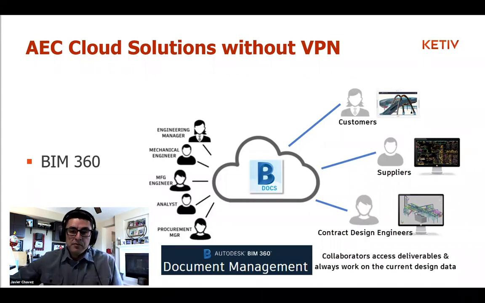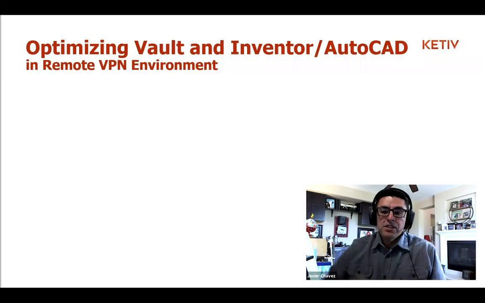So with that said, right, let's start talking about optimization of your tools while working remotely, right? And we're addressing a lot of Vault customers, right? And the majority of our customers are using Vault. And they do this for three main reasons. It's one place to keep all your data, one version of the truth. So you go there when you want to get the latest version of anything, right?